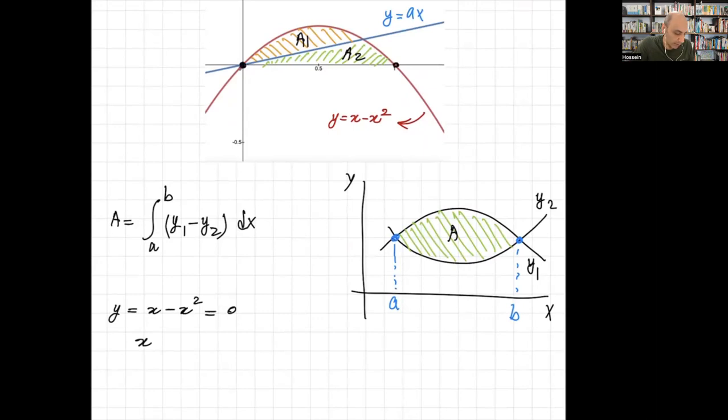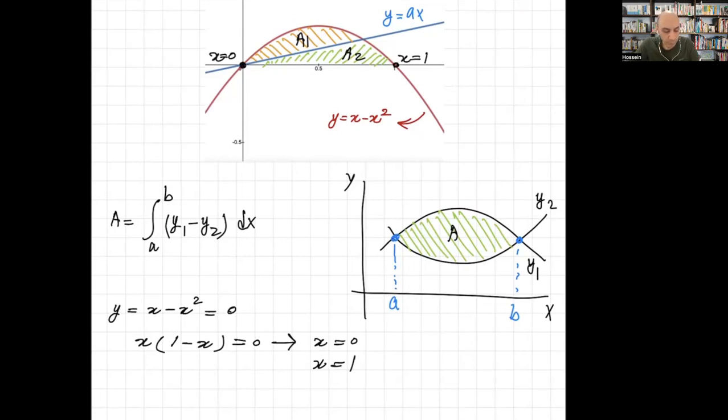So I factor x. So I have x times 1 minus x equals 0. So this equation has two answers. One is x equals 0. The other one is x equals 1. And these are the two points of intersection, or the roots of this parabola. One is x equals 0, and this one, x equals 1.